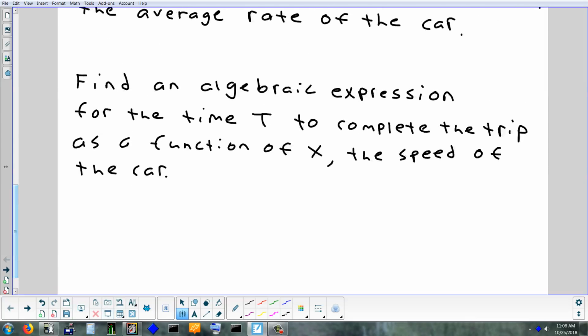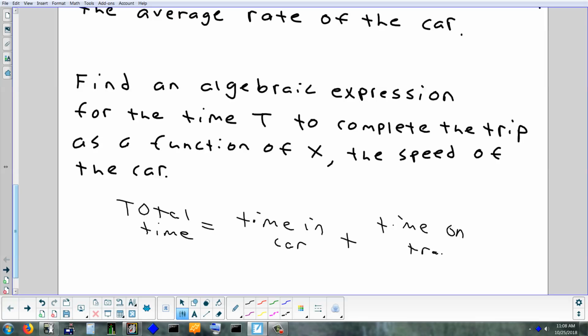Yep, add them together. So the total time is going to equal time in car plus time on train. Or you could say in train, but you wouldn't say time on car. You say time in the car. So time in the car plus time on the train.